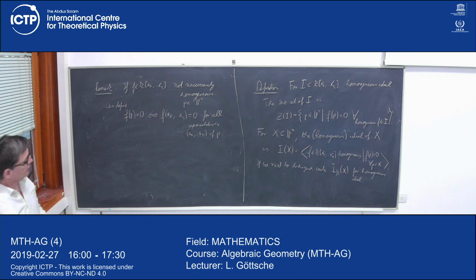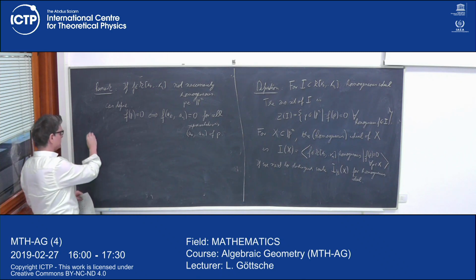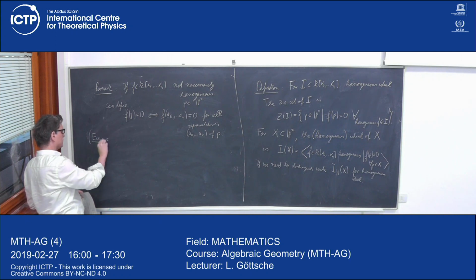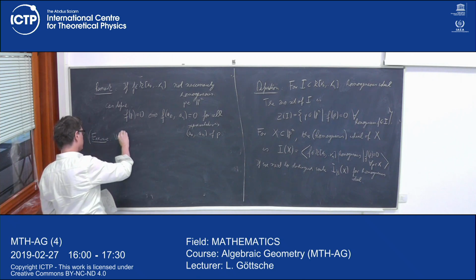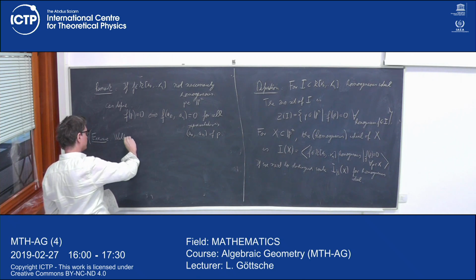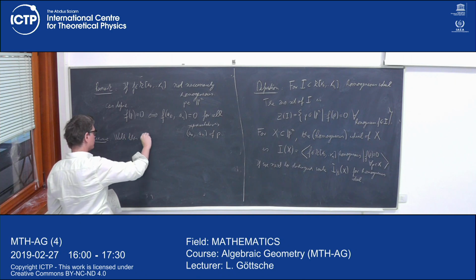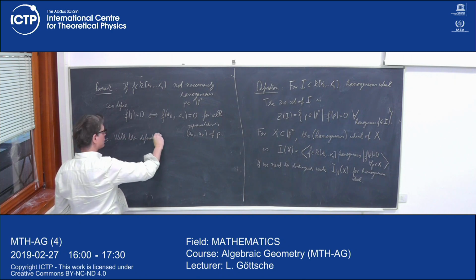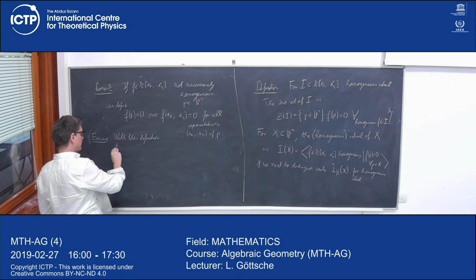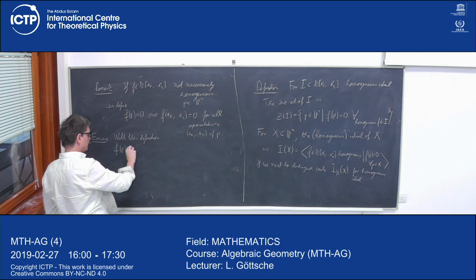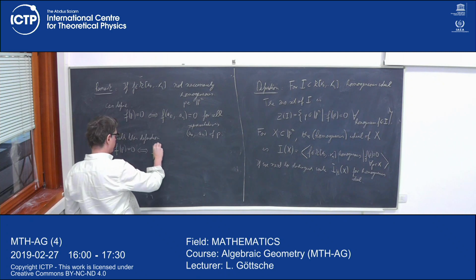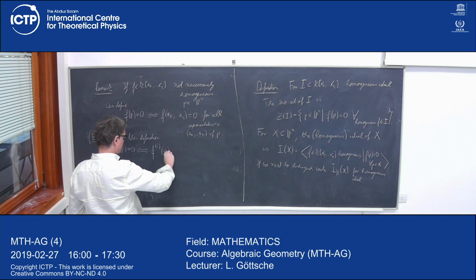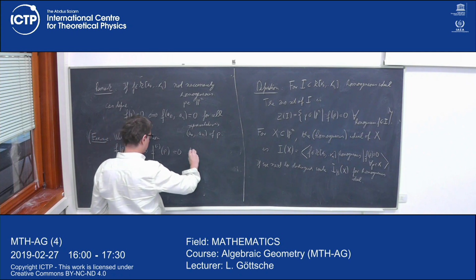But note what it means. You can see as an exercise, with this definition, f of P is equal to 0 if and only if fi of P is equal to 0 for all i.